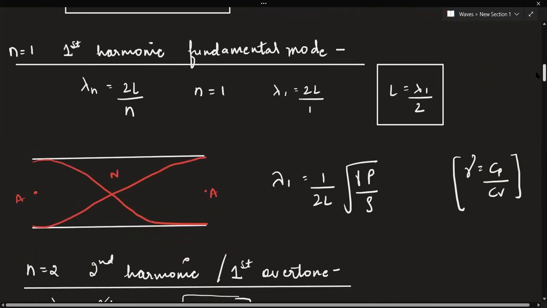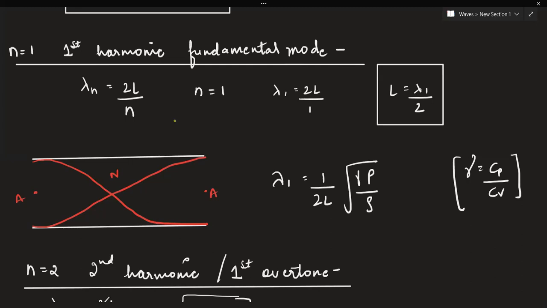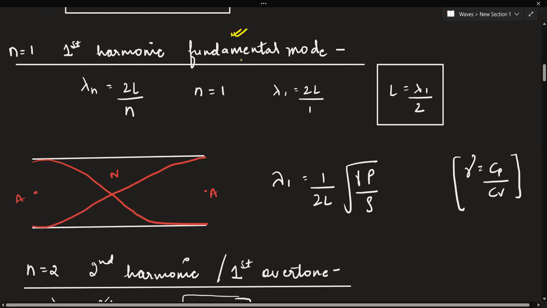So for the first harmonic mode, lambda n will be equal to what? 2L divided by n. This is lambda n. At the first harmonic, which is also known as which mode? Fundamental mode. So at n equals to 1, lambda will be 2L and length will be half of the wave.